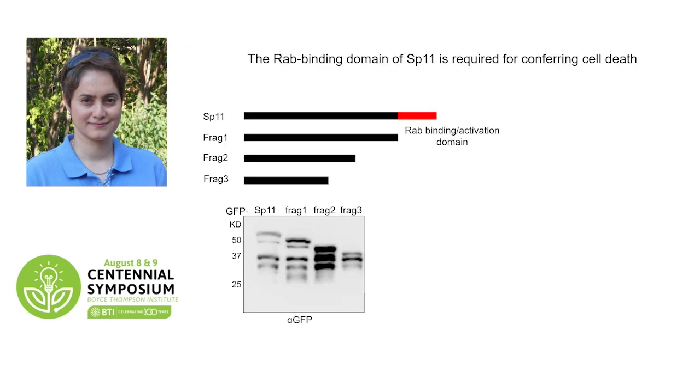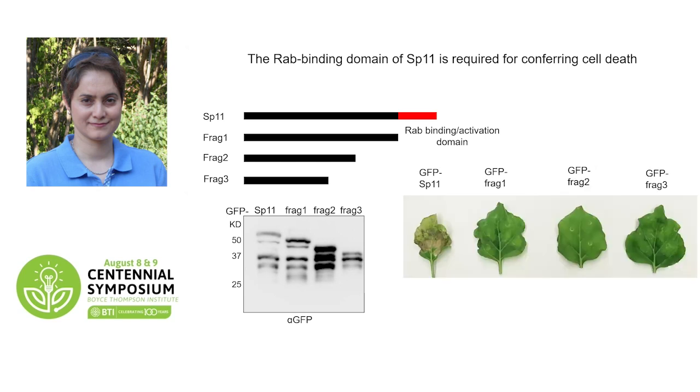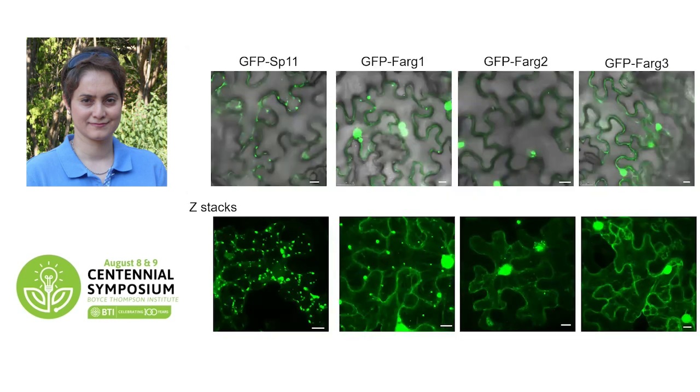So I did some molecular cloning, and at the end of SP11 there is a domain that is predicted to be a RAB binding or activation domain. So I made a truncated version of the SP11 protein, and as you can see in the truncated versions, the cell death response disappeared.